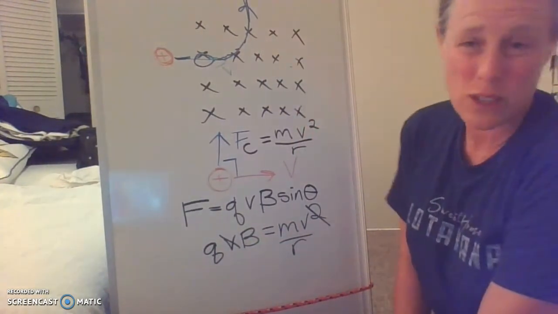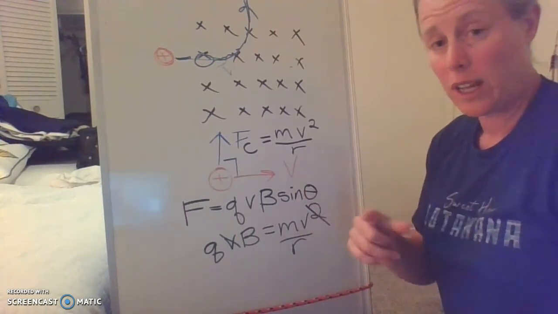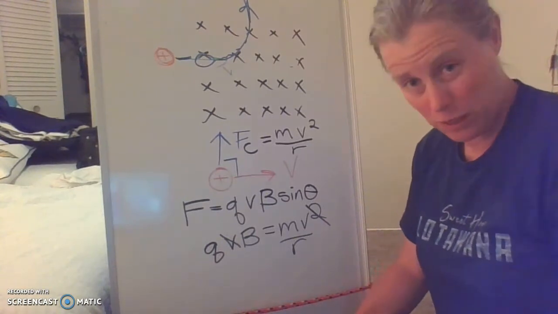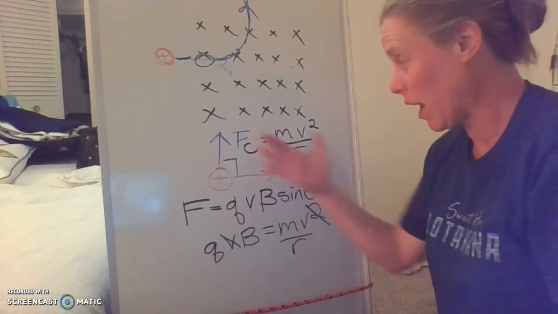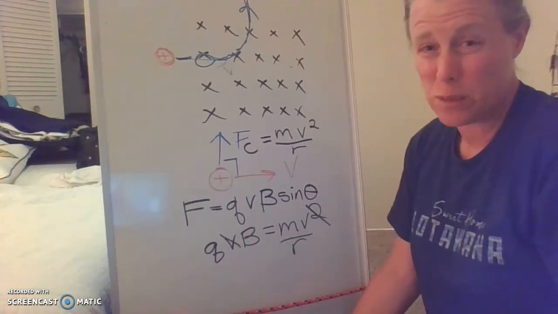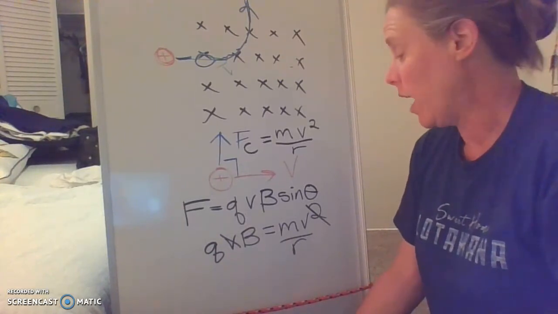They use that in a thing called a mass spectrometer, and what I'm going to do is let you look at the Bozeman Science video on mass spectrometers. There should be a little link to that just to show you the phenomena of how they use it. It's pretty cool. It's good to be familiar with that for any AP test.